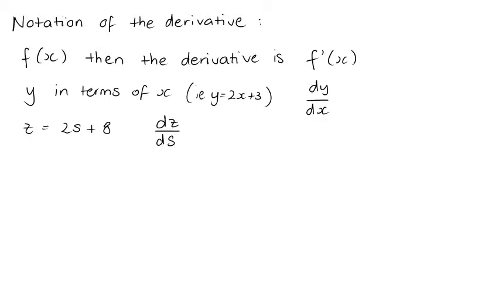Okay, and if you've got just an expression on its own, such as 2x plus 3, so no y equals, no f of x equals, then we would just say d dx. Don't worry about all the changes and whatnot. That's just the symbol that we use to say derivative of this expression.